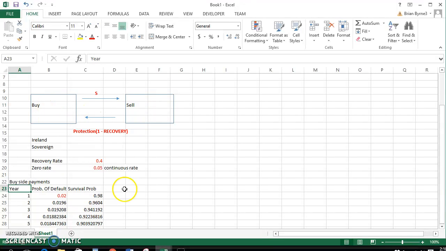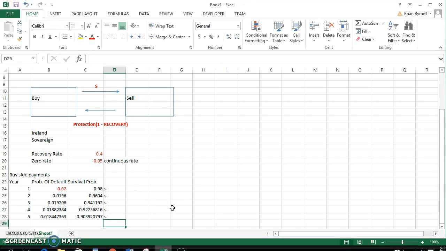So for the S, for instance, we don't know for sure that S is going to be paid at the end of year 1. All we can say is that there is a 98% probability that S will be paid in year 1 and a 96% probability that S will be paid at the end of year 2, end of year 3, end of year 4.